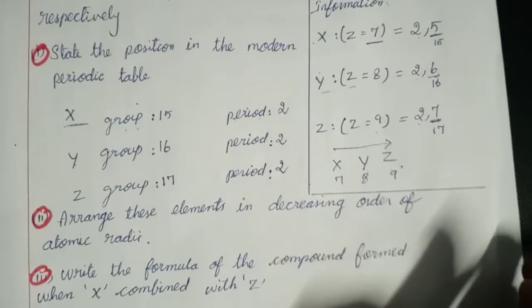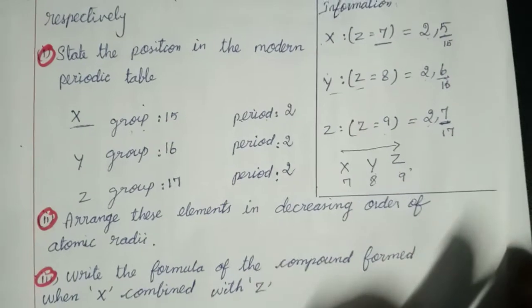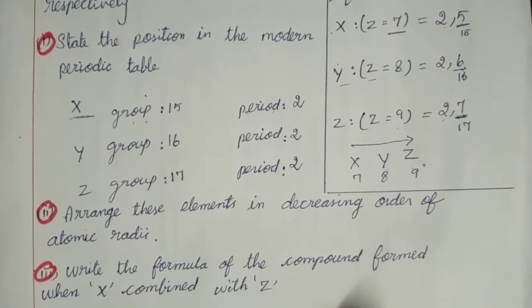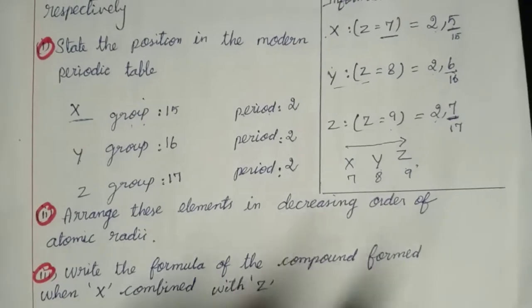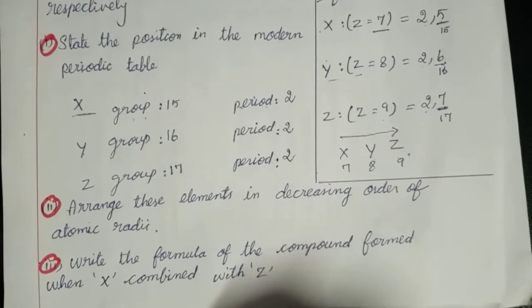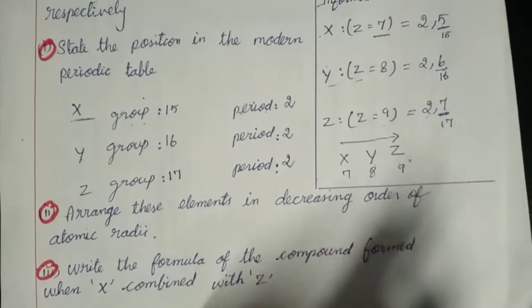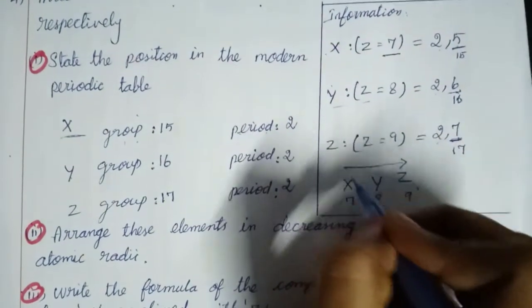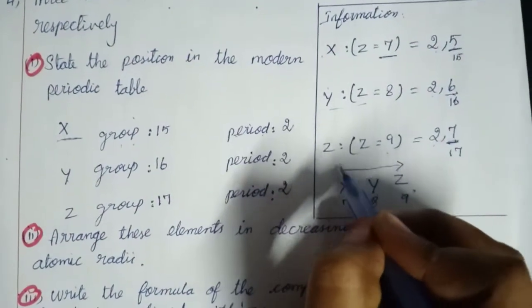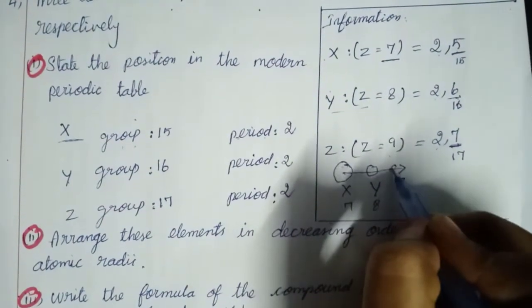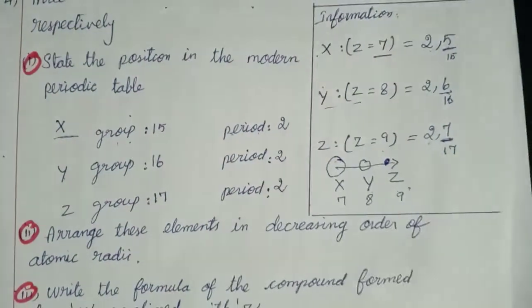Because the nuclear charge increases, so the force of attraction between nucleus and outermost shell increases, so it pulls the outermost electrons towards the nucleus. So the size of the atoms reduces. So which is the larger atom? X. And the size decreases. Finally, Z is small in size.